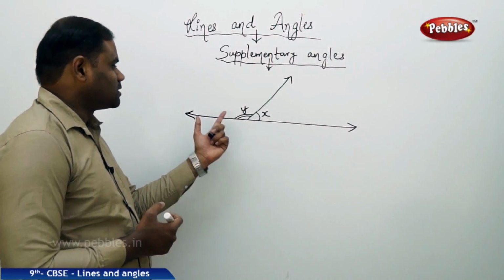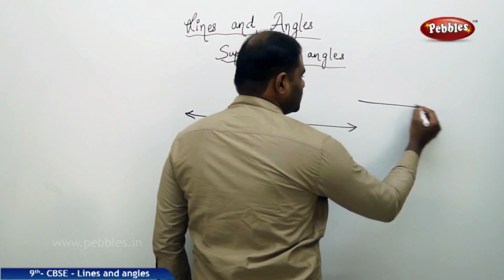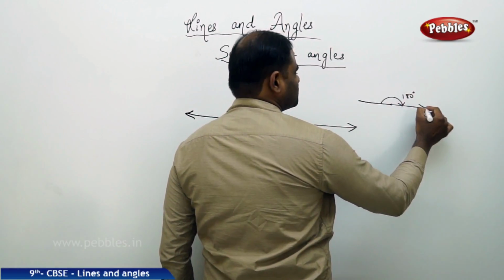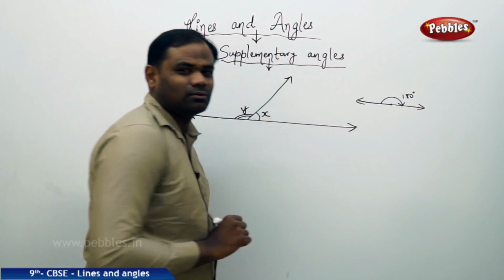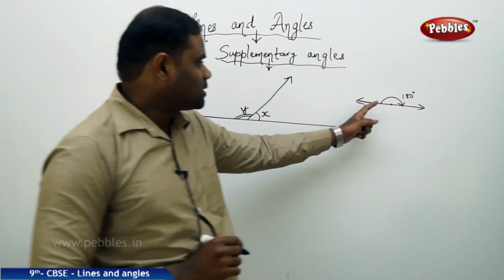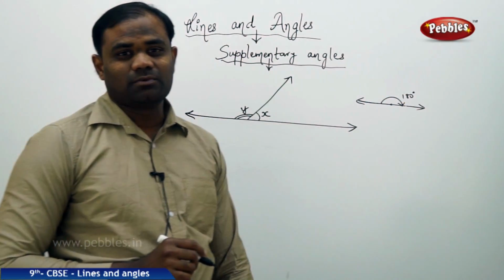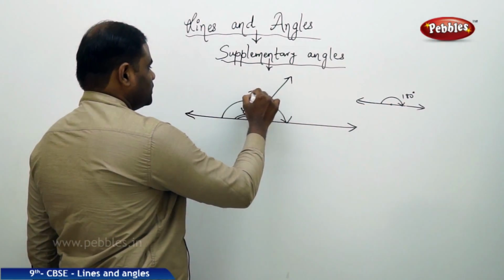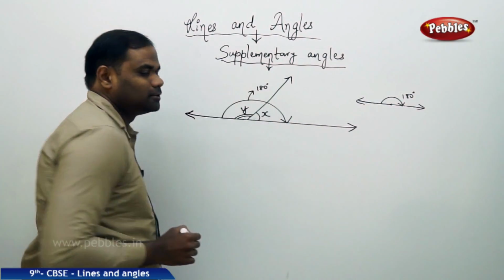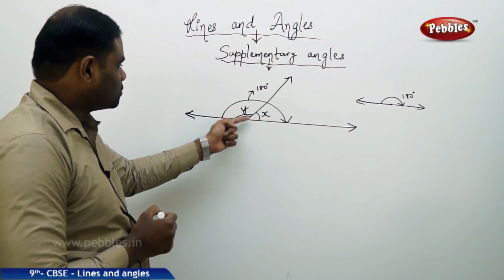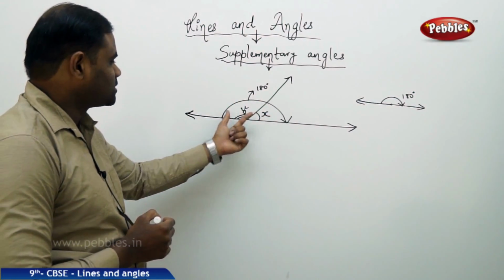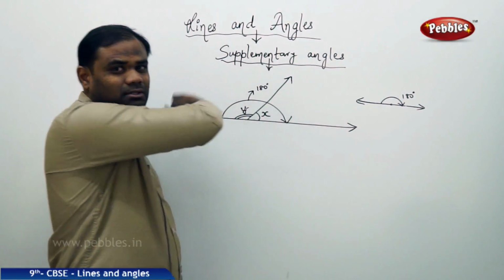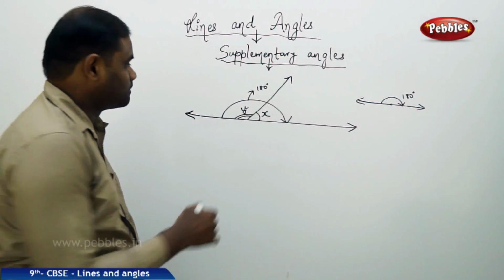Also, when I observe this, I know that the angle in a straight line is always 180 degrees, as we know as the property. So since the angle in a straight line is 180, this whole angle must be 180 degrees. And when I connect this with x and y, I see that angle x plus angle y makes the whole angle of the straight line.